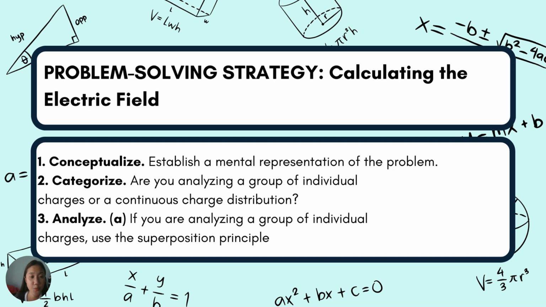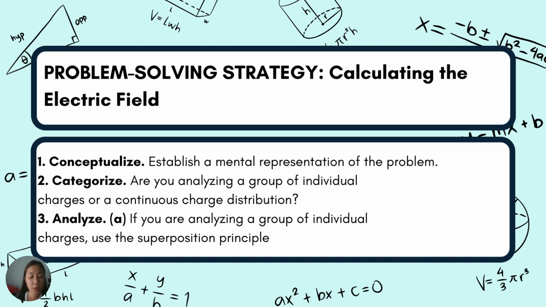So let's proceed to the problem solving strategy for calculating the electric field. The following procedure is recommended for solving a problem that involves the determination of electric field due to individual charges or a charge distribution. Number one is conceptualize. Establish a mental representation of the problem.